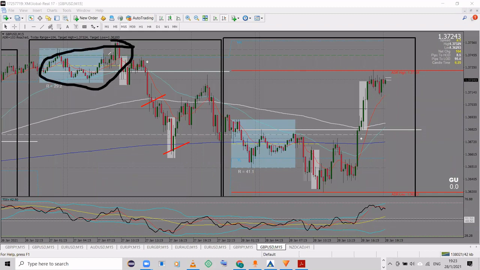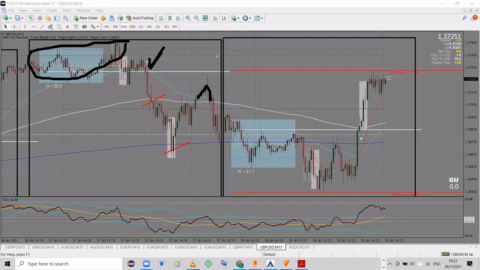Let me draw it well. An anchor right there. First one, our 13 to 50 cross. Price came and broke above there, then broke below the 50 EMA with this beautiful shifting candle, and at the same time it broke below the 13 EMA.